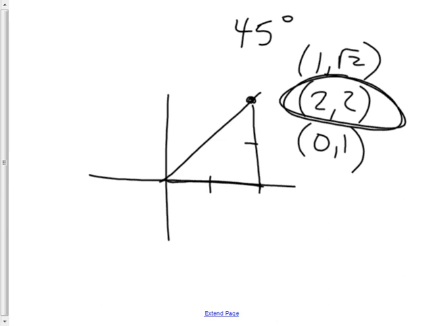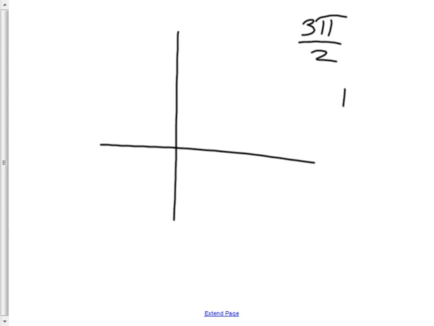I'll give you another one like that. Here's an angle. Given an angle of 3 pi over 2, which of these points could be on it? 1 comma 0, 0 comma 1, 1 comma 1, or negative 1 comma 1.